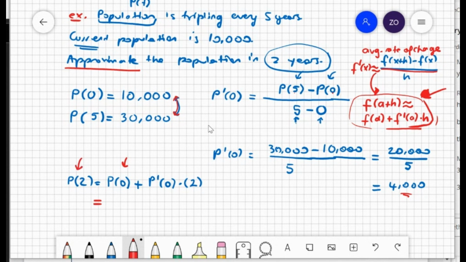P of 2, the population in 2 years, can be found by the value at the initial point, at 0, and add to this 2 times the rate of change. So P of 0 was 10,000 plus the rate of change, 4,000, times 2. So what's going to be the population? Approximately, it's going to be equal to 18,000 in 2 years.